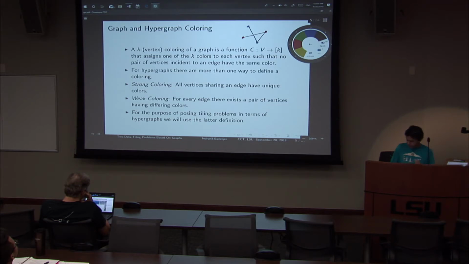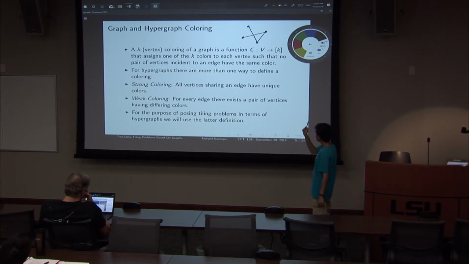I've colored this red and blue. According to this definition, this is not a valid coloring, because you have two reds which share an edge, or two blues which share an edge. But could you color this graph with two colors? Yes, you can.